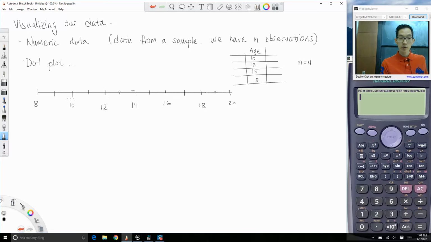Okay, and with the dot plot, all you do is you just put a dot located at each observation. So you get 1 dot, so your dot plot will have n dots.